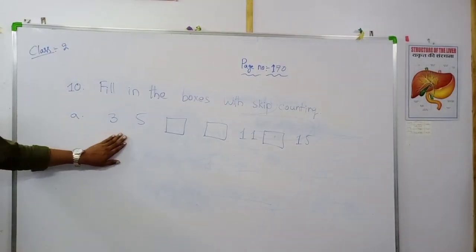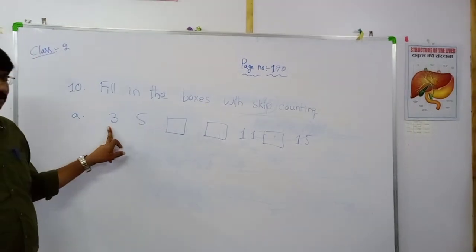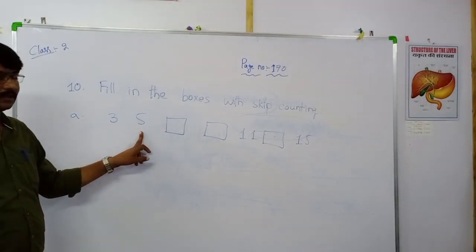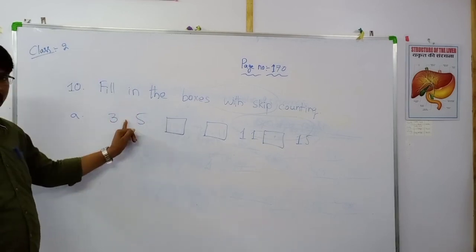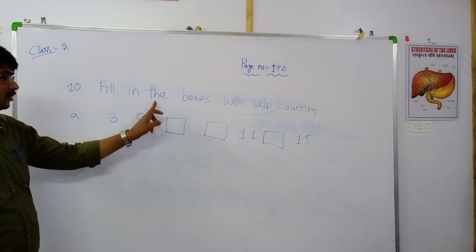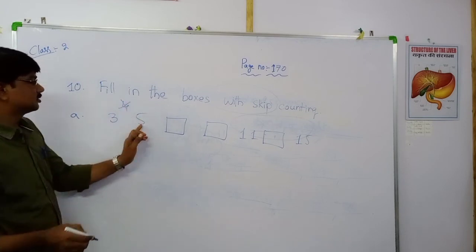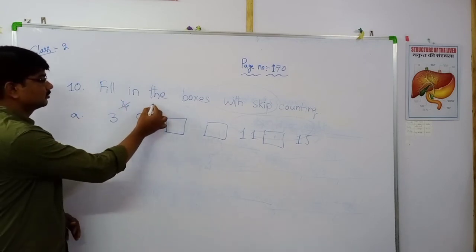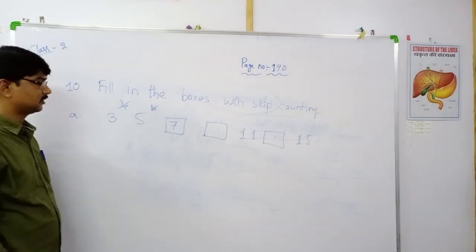Okay, just observe the numbers. 3 is here and 5 is here. So 4 is not there. Same we need to do like that. 5 after, leave the 6, here 4 lived. So 5 after we should not write 6, we need to write 7.